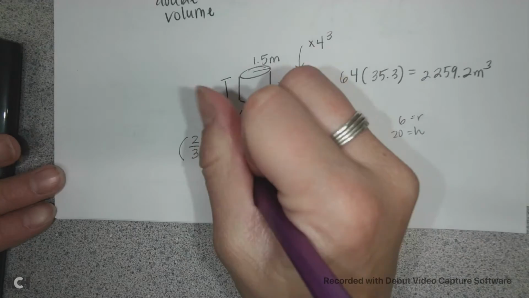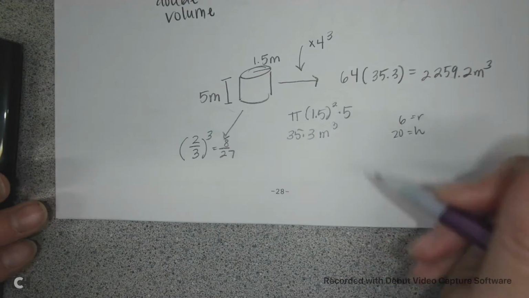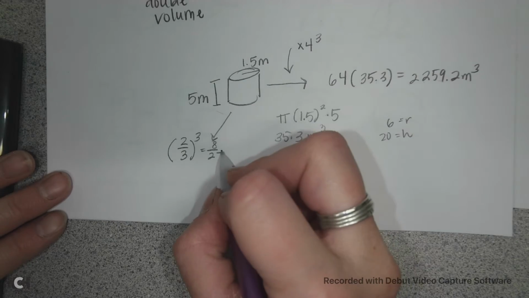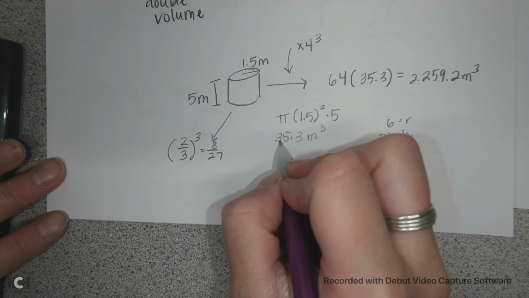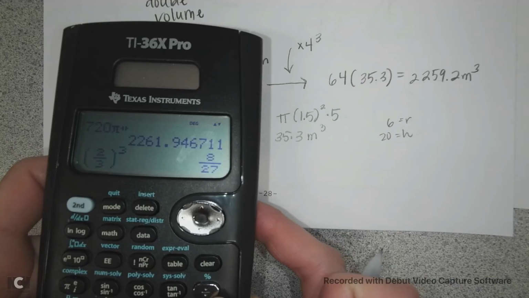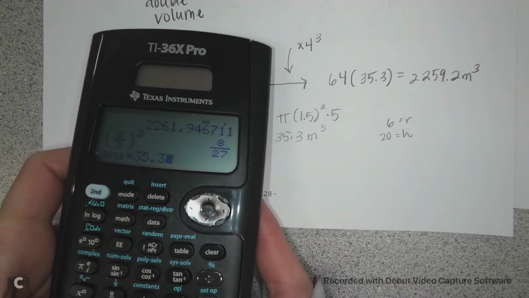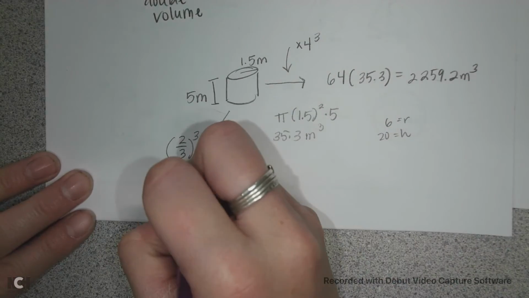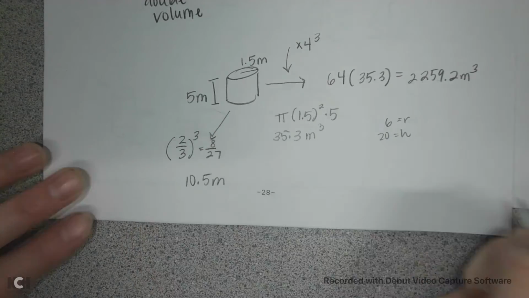And we could get decimals, but as you see, decimals lead to not pretty numbers. So we now multiply 8/27 by 35.3. So 8/27 times 35.3 is 10.5. So this volume would be 10.5 meters.